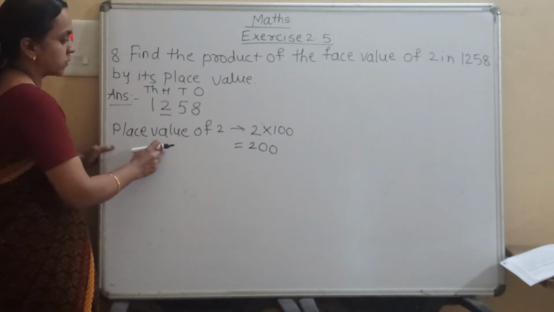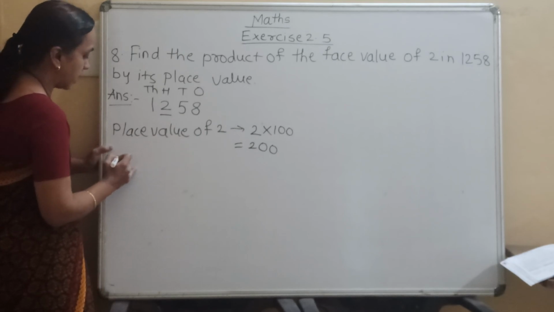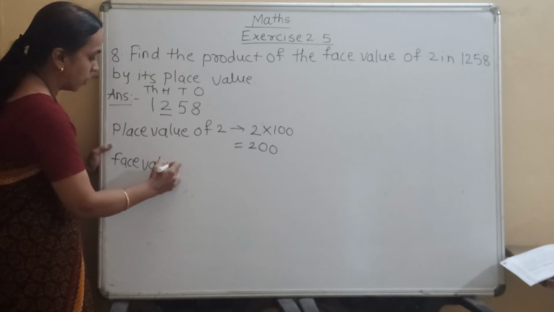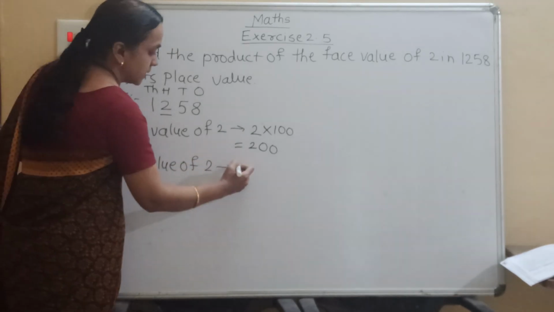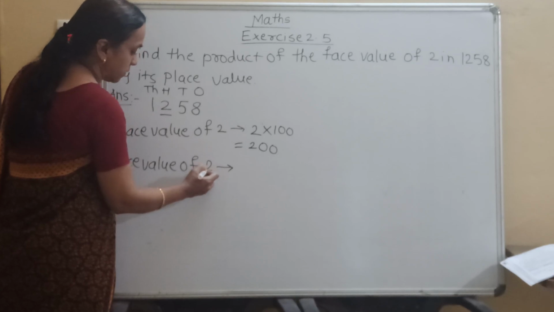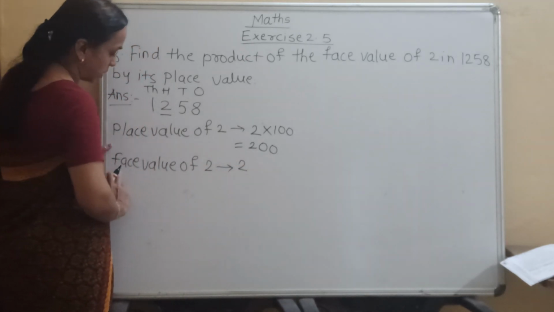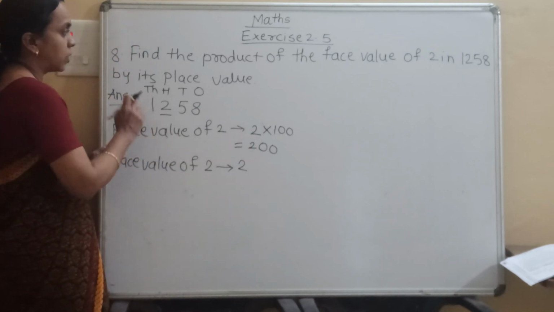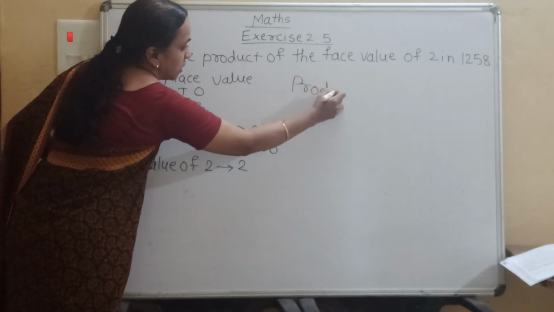Okay. So place value of 2 we got. Then what do we have to find out? We have to find out face value of 2. Face value of 2 is, we know very well, face value means that number we have to write in the answer. So face value of 2 is 2. Okay, so what do we have to find out? We have to find out here product.